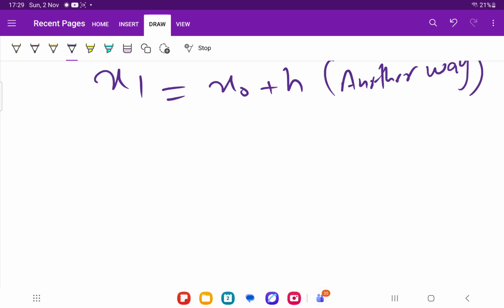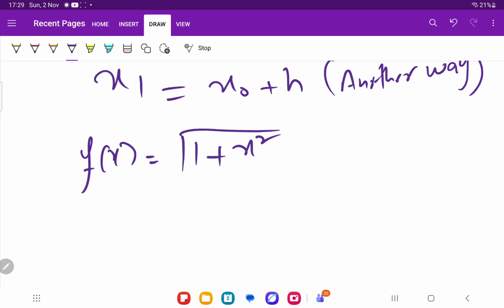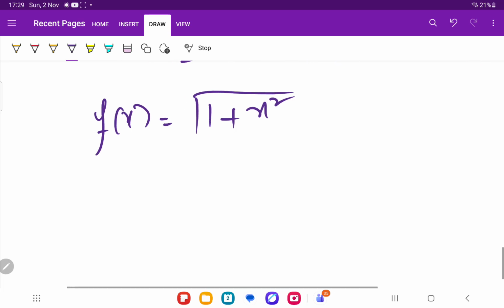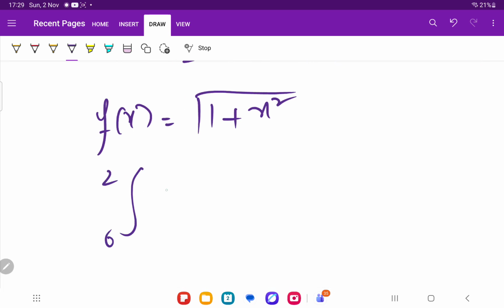Now we'll be considering the same question. For example, we have f of x equal to the square root of 1 plus x square, the same question, and the limit of integration is going from 0 to 2.